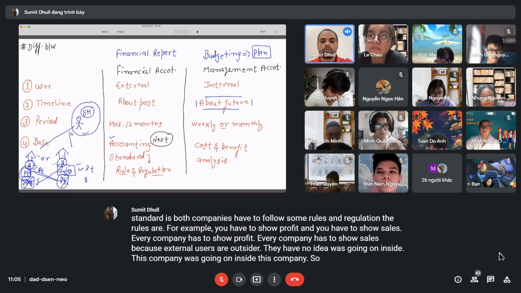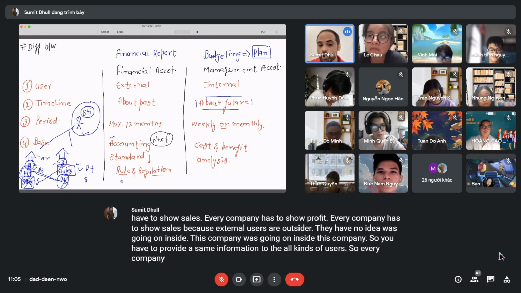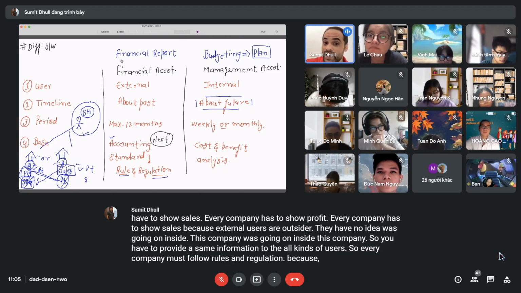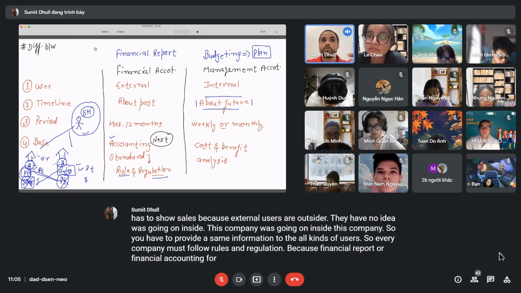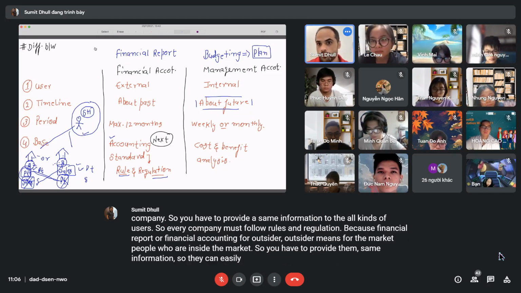So you have to provide the same information to all kinds of users. So every company must follow rules and regulations, because financial report or financial accounting for outsiders means for the market, people who are inside the market. So you have to provide them the same information so they can easily compare.